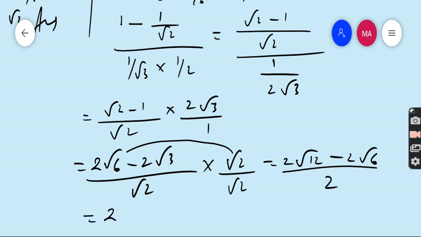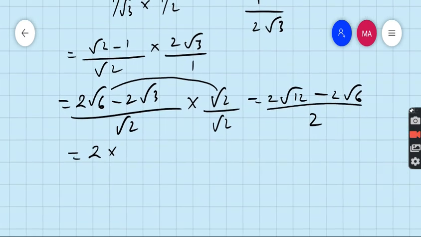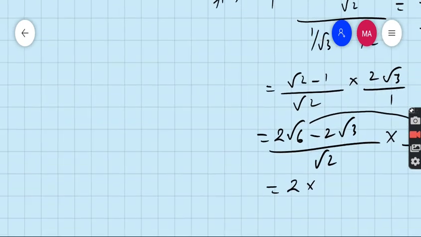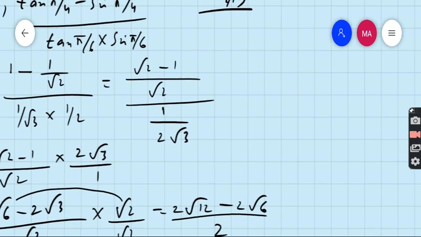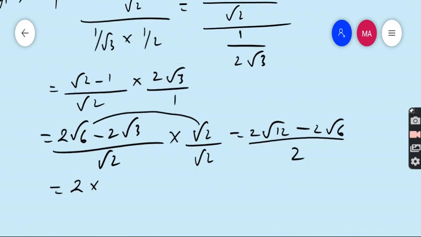So 2 root 12 upon 2. Root 12 is 2 root 3. So 2 root 3 minus 2 root 6 upon 2.